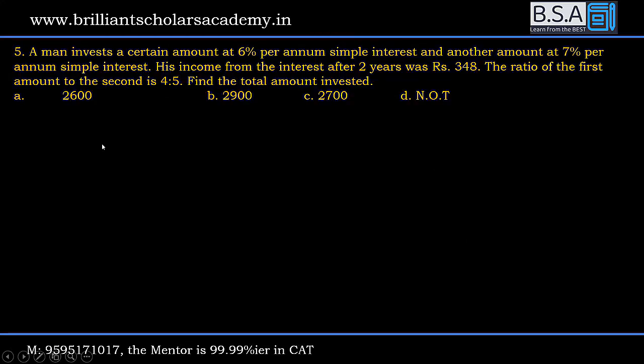Try this. A man invests a certain amount at 6% per annum simple interest and another amount at 7% simple interest. His income from the interest after 2 years was rupees 348. The ratio of first amount to second is 4 by 3. The total amount invested is?